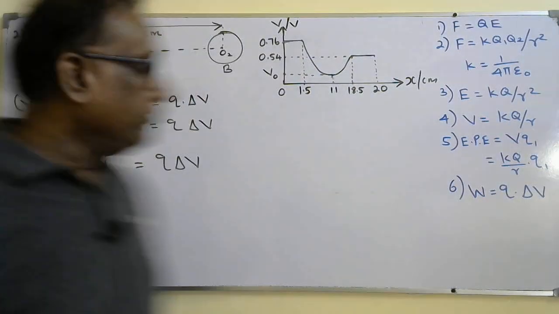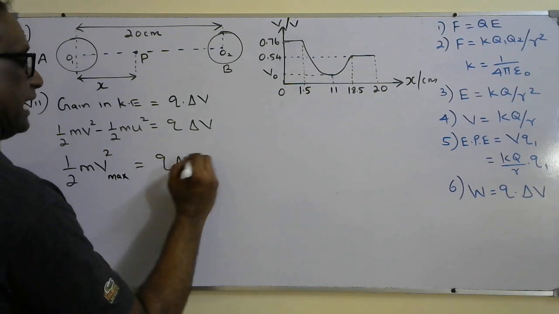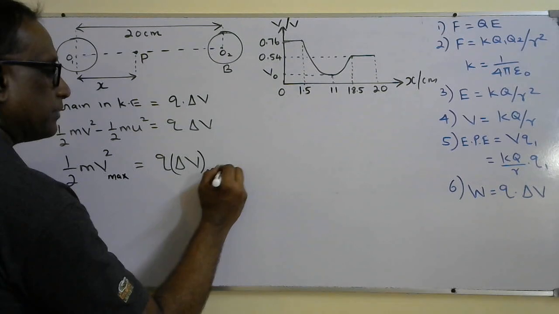So half m v max squared equals Q times delta V maximum.